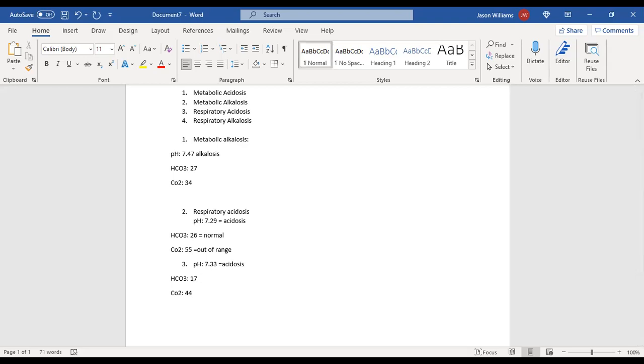Anytime the bicarbs are out of range, I know right off it's a metabolic issue. Now, if I switch this around, that turns it into respiratory acidosis, because now the CO2 is out of range while the bicarbs are within normal limits.